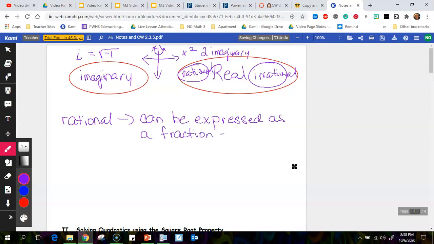This includes repeating decimals, and what we call terminating decimals. In other words, it does have an end.